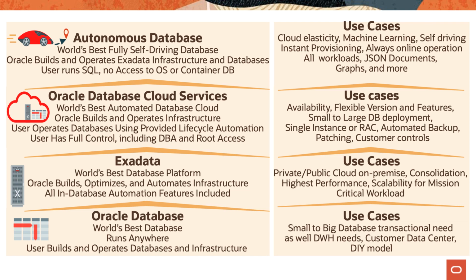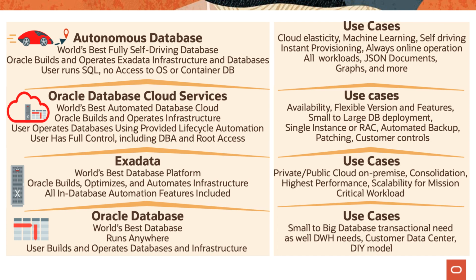This is pretty useful for use cases where customers want to have high availability, they want to deploy older versions, and want to have all the features of the Oracle database. And customers can start off with small workloads and scale up to large databases. The customer also has the ability to deploy single instance or Real Application Clusters with automated backup and patching functionality with full access to the database infrastructure.